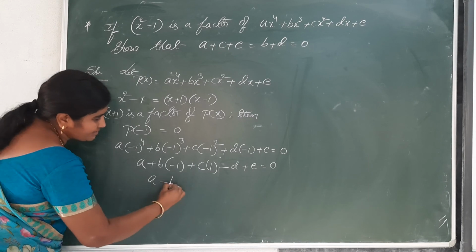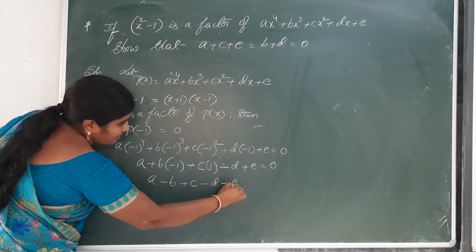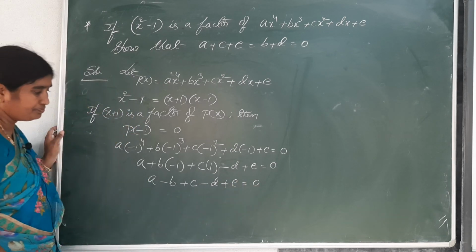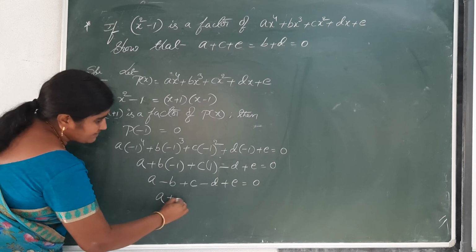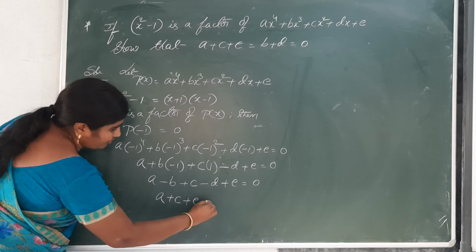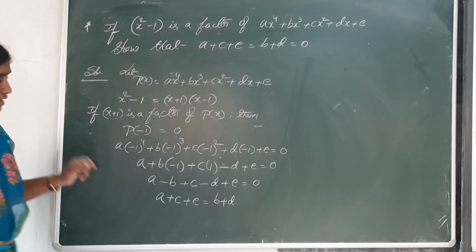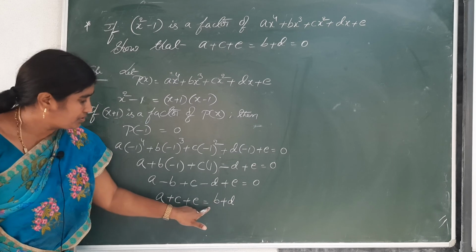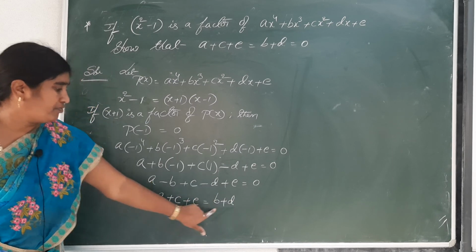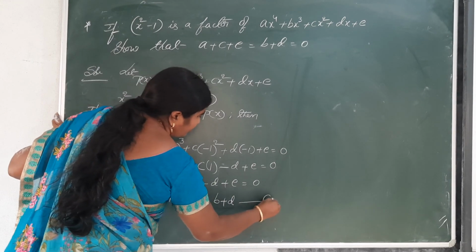A minus b plus c minus d plus e equal to 0. So a plus c plus e equal to b plus d. This is equation 1.